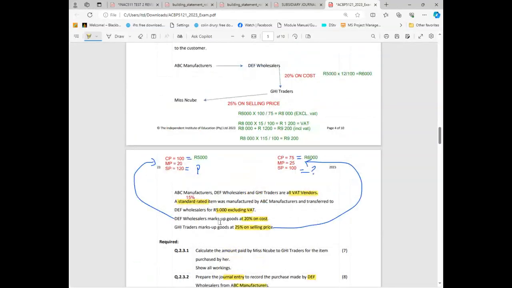No, you were supposed to use 5,000 because between them here, it was 5,000. Remember? Yeah, because they want you to show this process. Can we do it together? Yes.